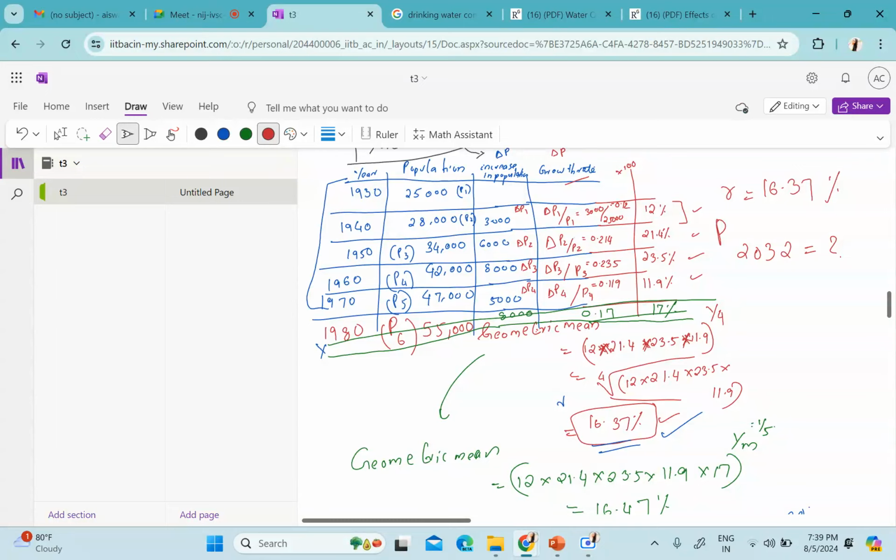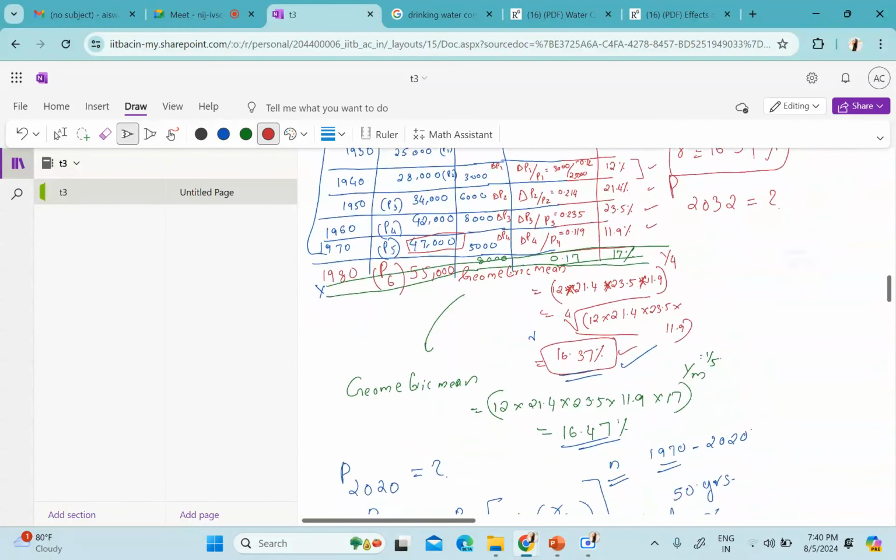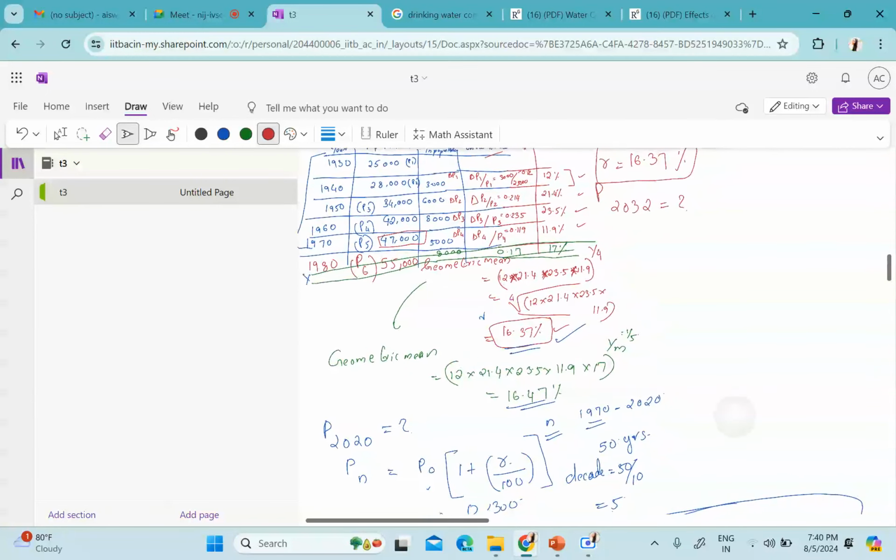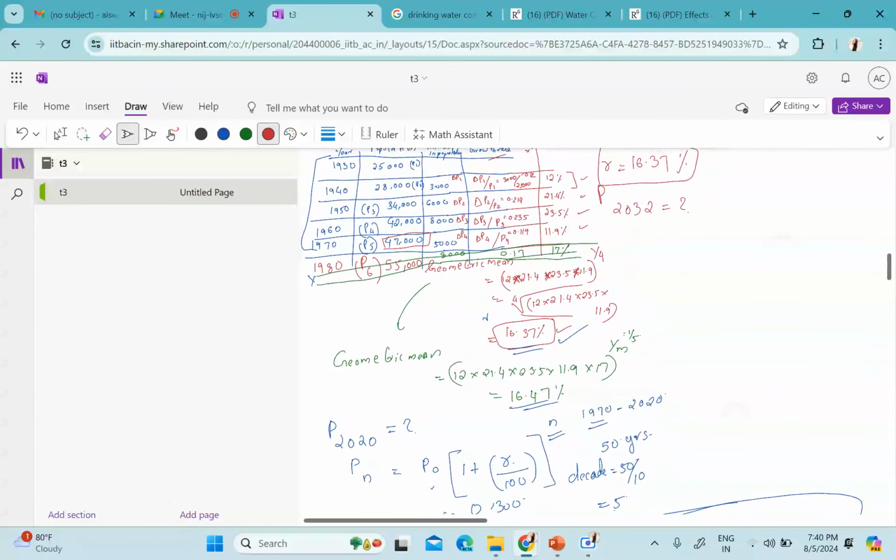Consider the people from 1930 to 1970. Only consider these 5 columns, 5 rows. Then consider the R value, I noted it down here, 16.37. And consider the 1970 value, 47,000 is given. What is the number of people in 2032? The formula is given here. You can see the screen, I hope. P naught into 1 plus R by 100, the whole raised to n.